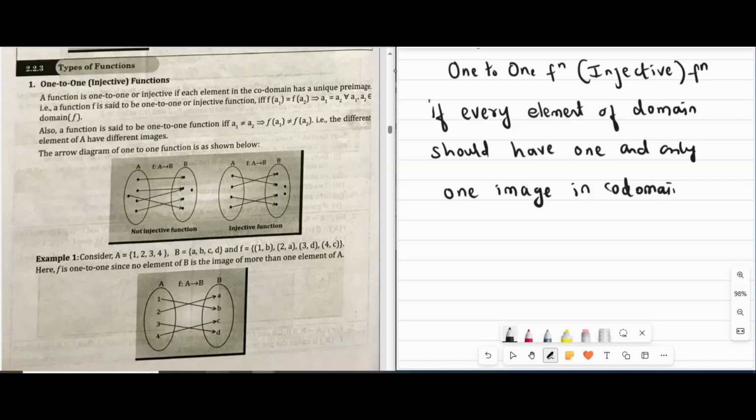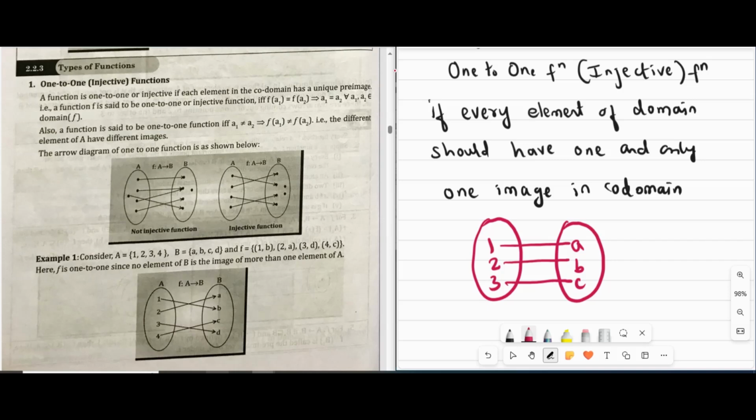Then it is called a one-to-one function. For example, every element of domain should have only one image.